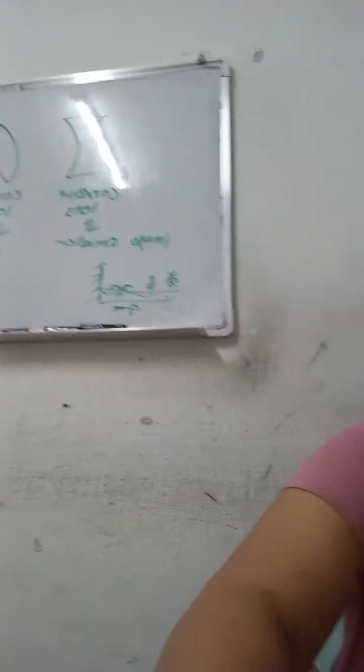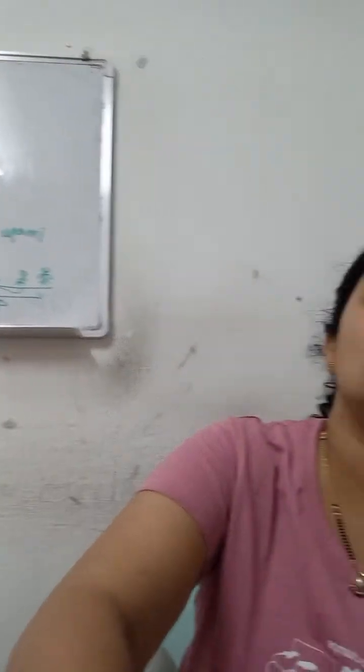Can you get this? Next question is to state 2 differences between convex and concave lens. Just now I explained on the board, I hope you understood that. I already drew the convex and concave lens on the board.